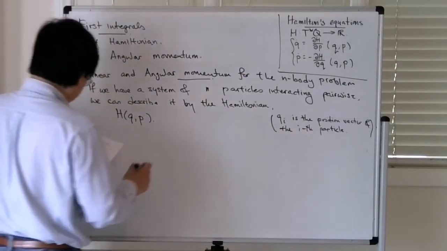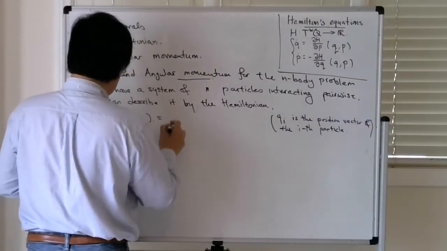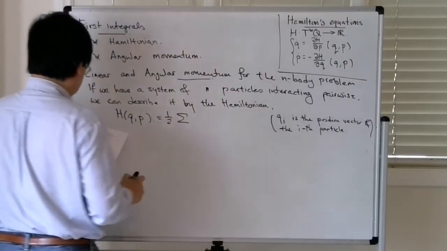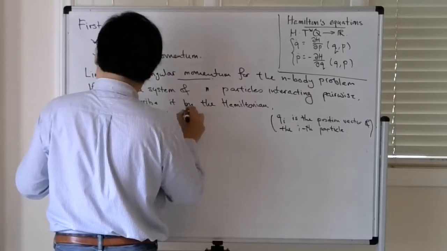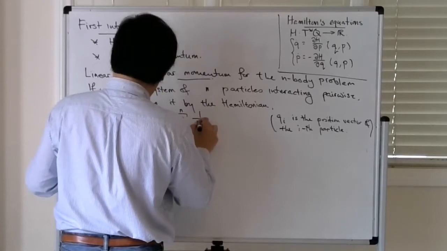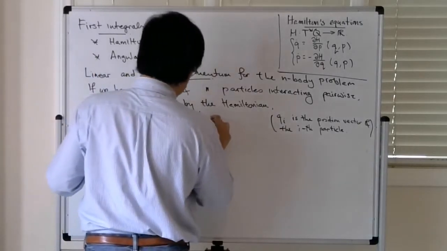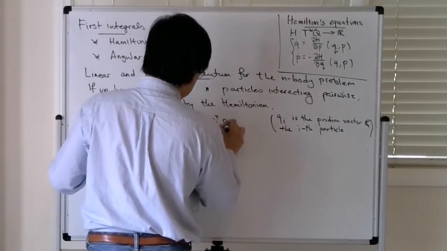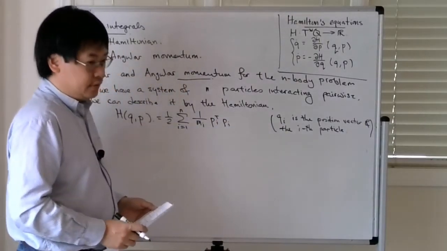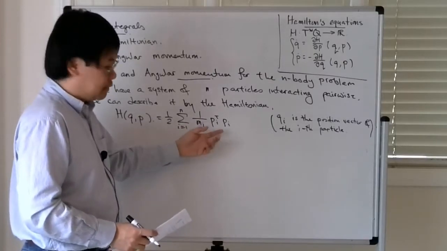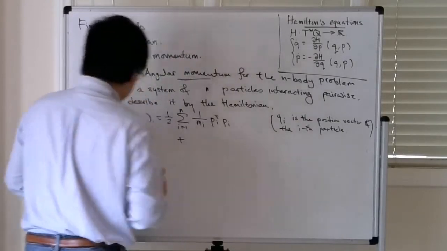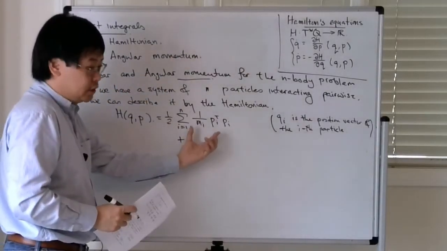If you have that, then the Hamiltonian looks like the following. You have a term involving the sum of the kinetic energies, which is of the form 1 over mi, pi transpose pi. Just as qi is a vector, pi is also a vector here. That's the kinetic energy term.